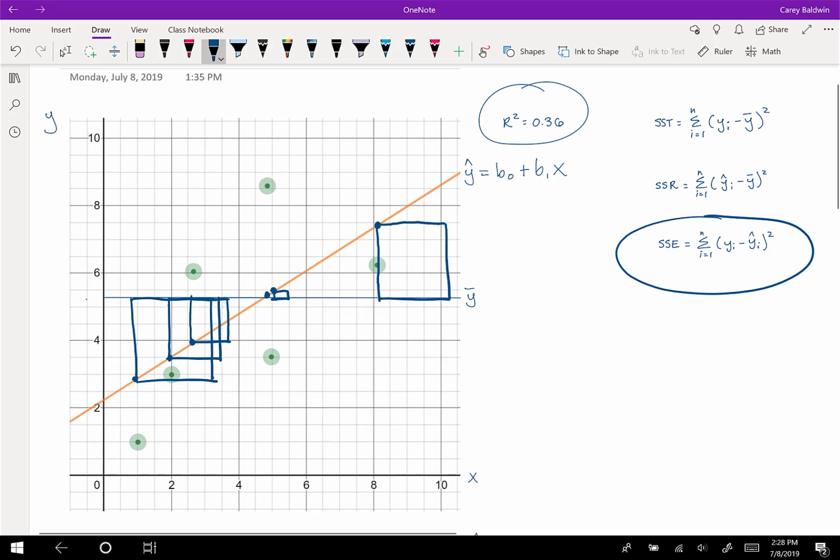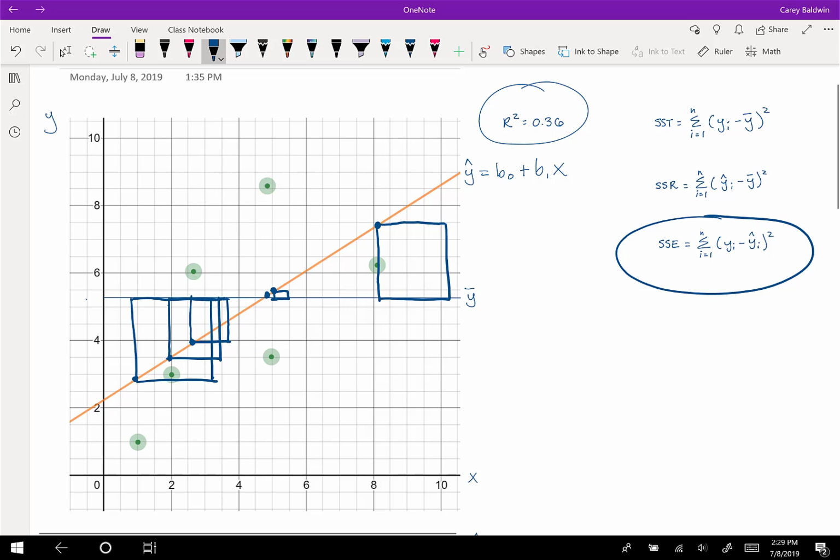So that's another source of variation that we haven't accounted for. That's variation that could be due to other factors. It's not explained by our model.